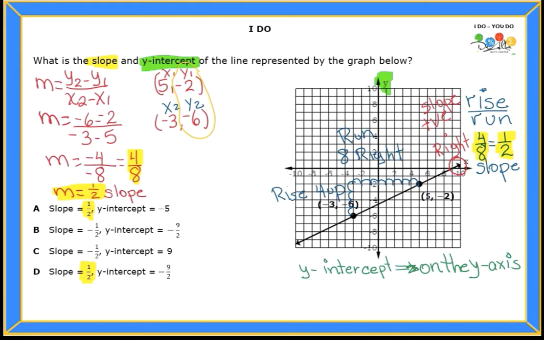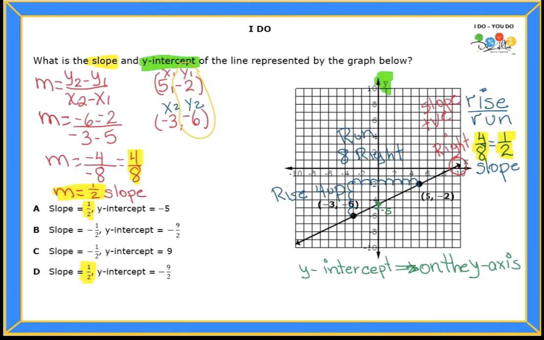This is my y-axis, and I do see a point that is right here. Now, unluckily for us, that point looks like it's between -4 and who else? -5, very good.